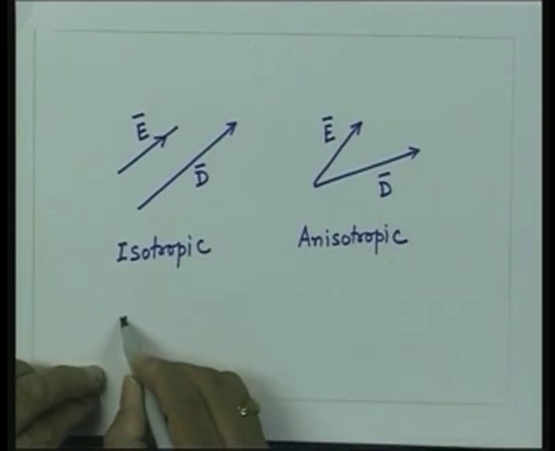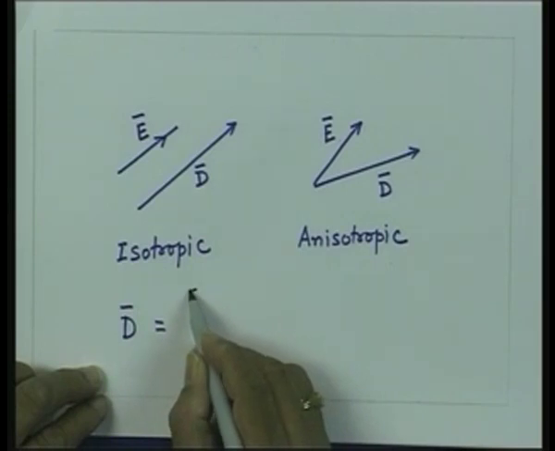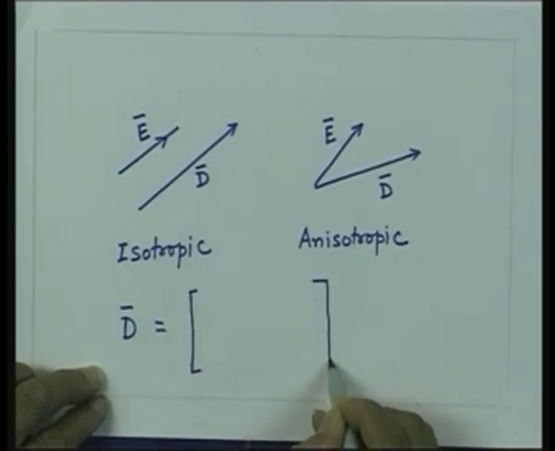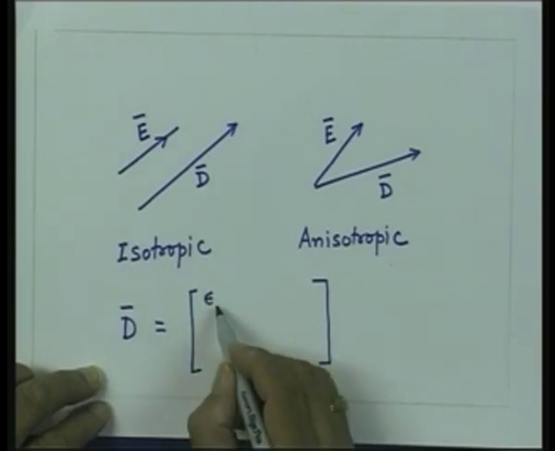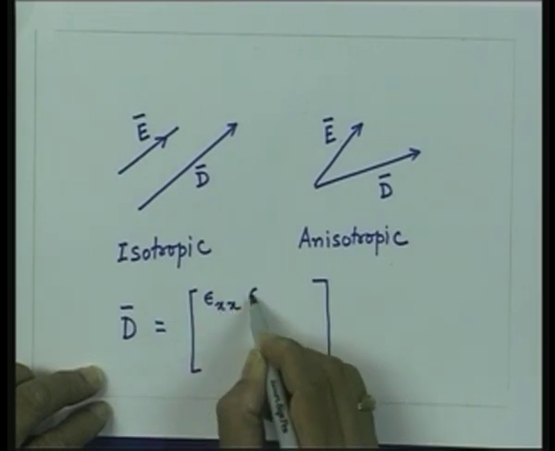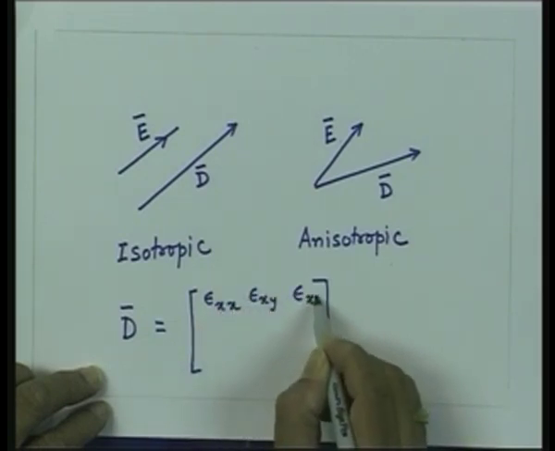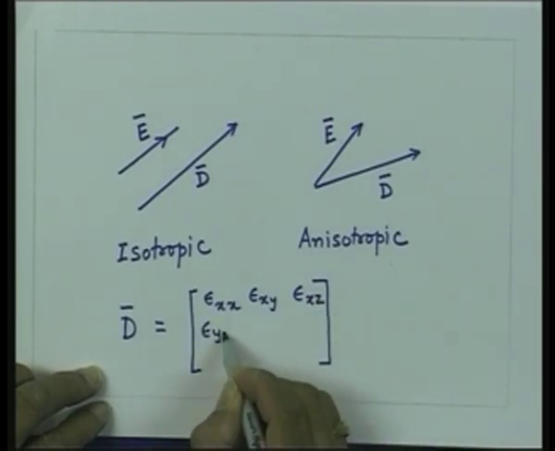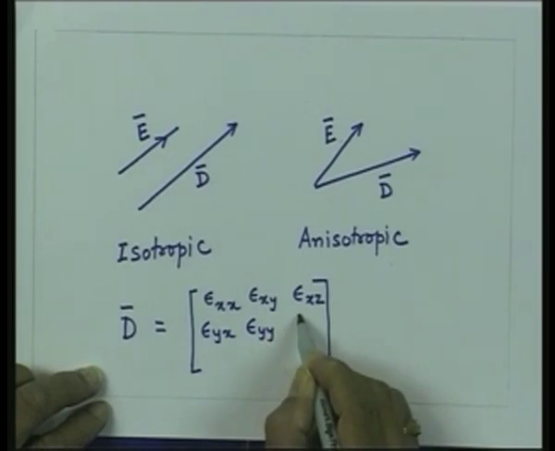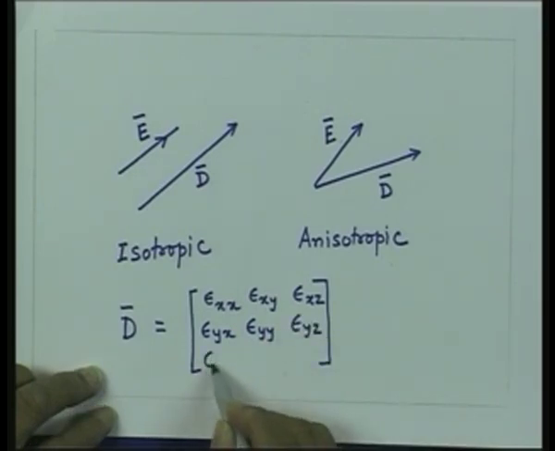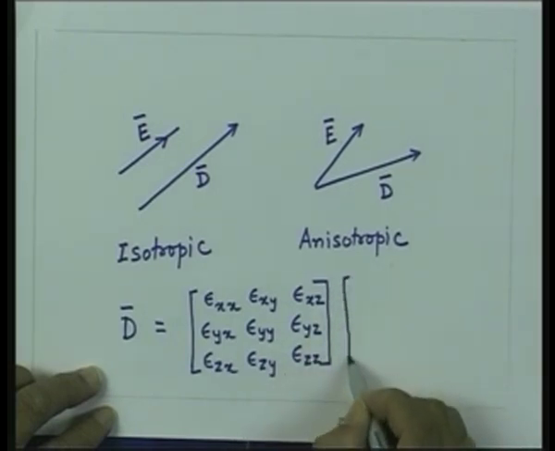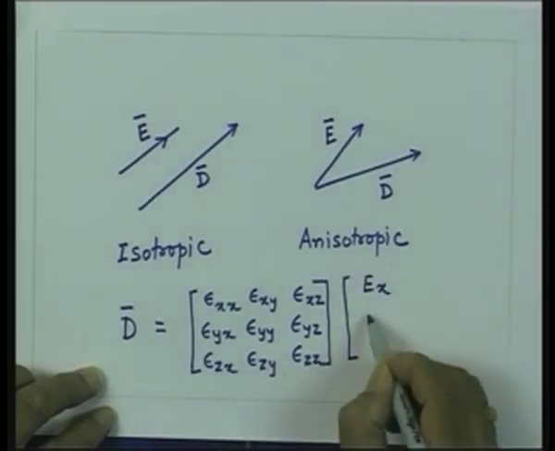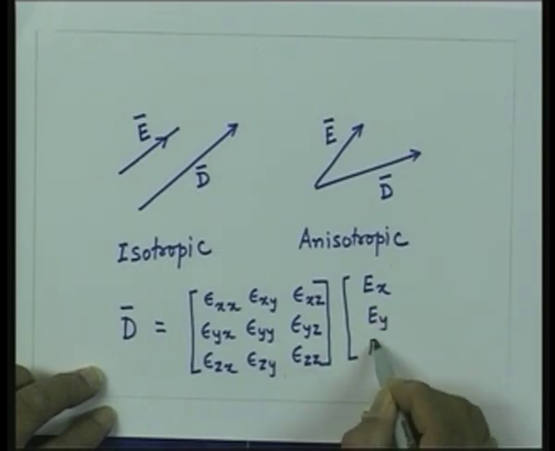Because as we said, the displacement vector D is given in this case by a 3 by 3 matrix. So, let me just write that as epsilon xx, epsilon xy, epsilon xz, epsilon yx, epsilon yy, epsilon yz, epsilon zx, epsilon zy, epsilon zz, multiplied by this vector which is Ex, Ey, Ez.